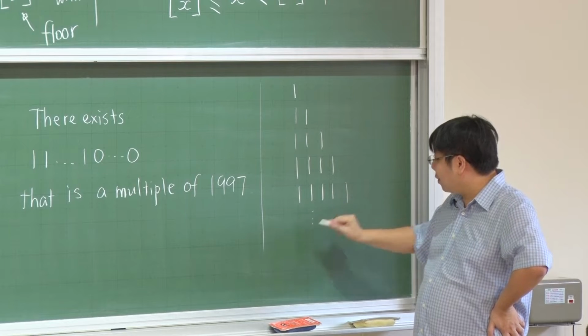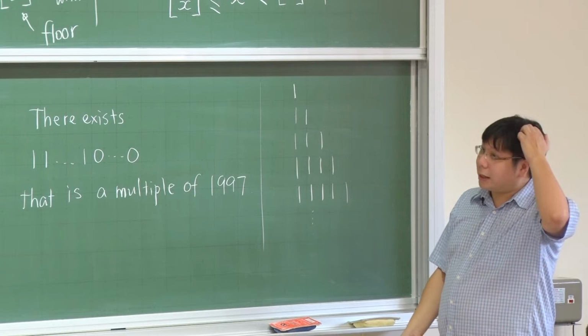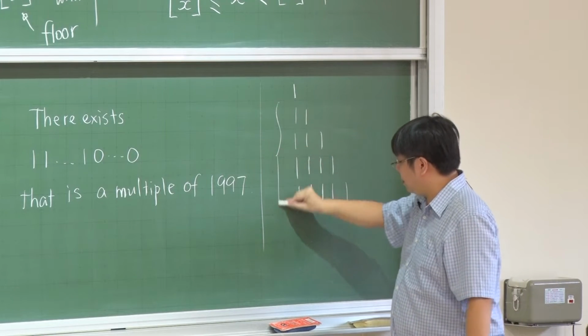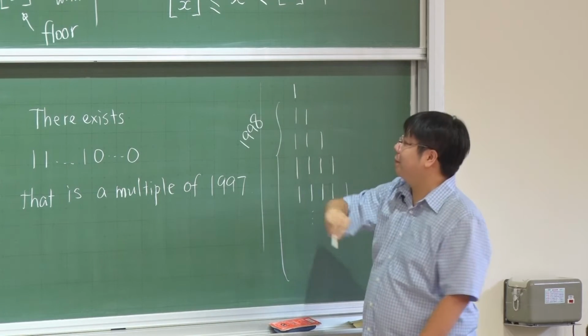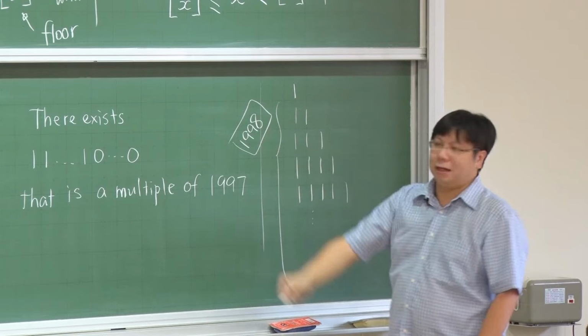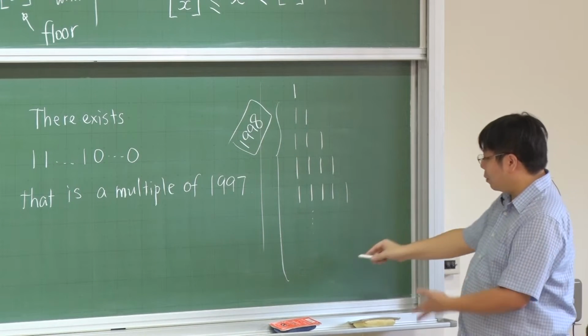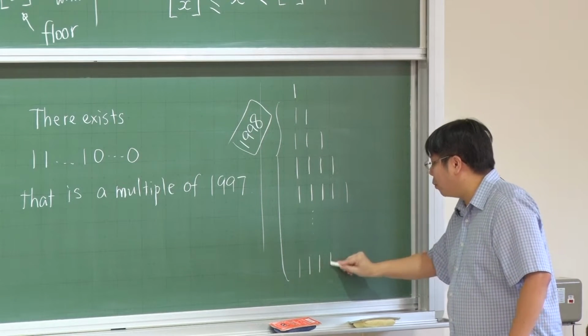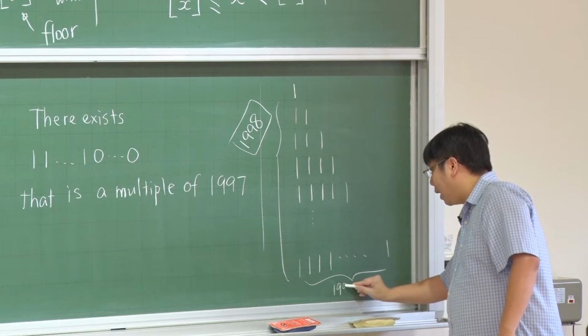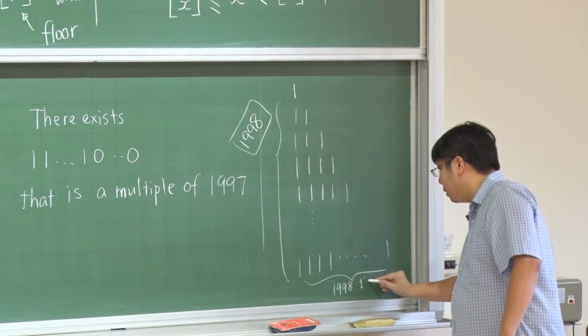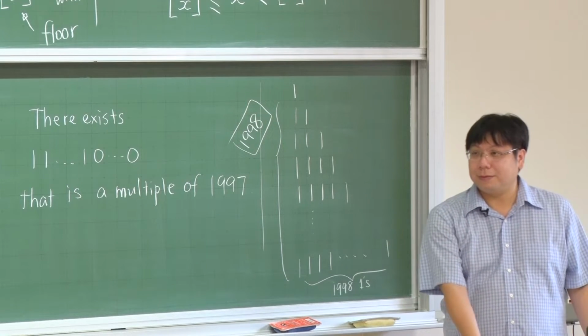So we look at a lot of these numbers. Let us look at 1998 of them. So the last one will be 11111 and so on, with 1998 ones here.